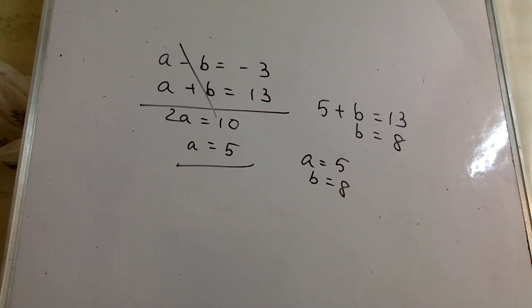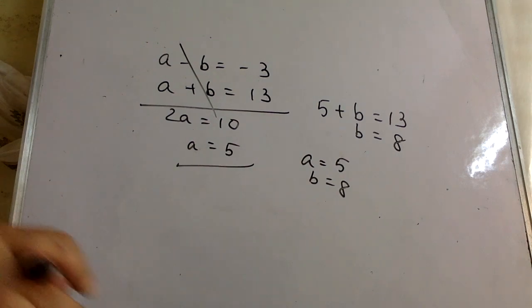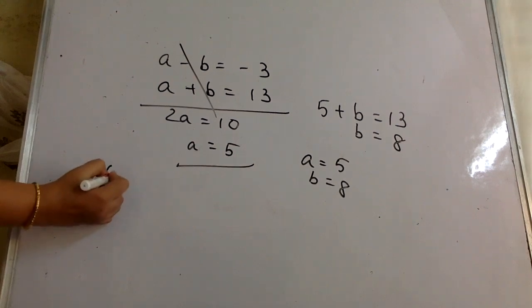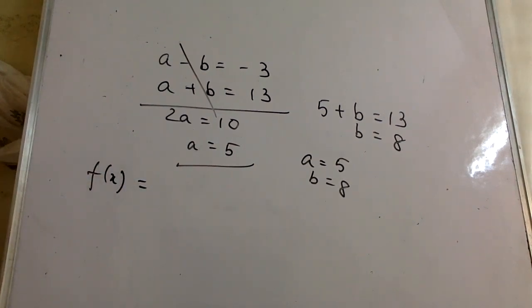Now there is a second part of the question: hence find the remainder when f(x) is divided by x minus 2. Now what do they expect you to do? They expect you to substitute the values of a and b in f(x). First form f(x) properly.